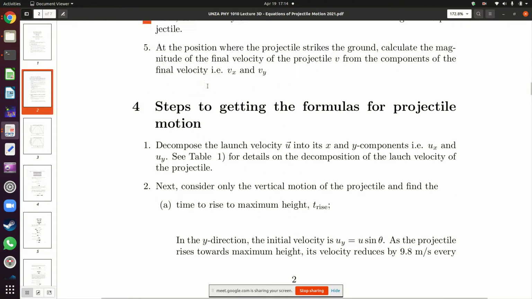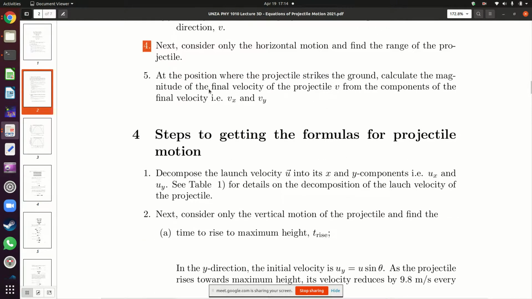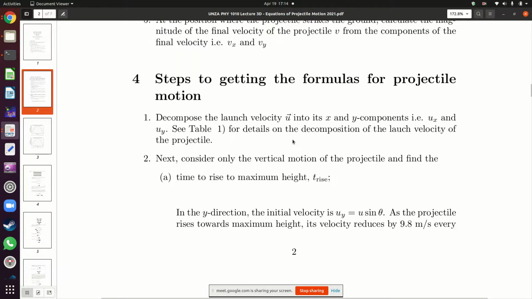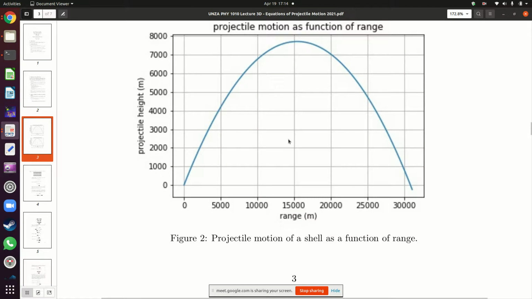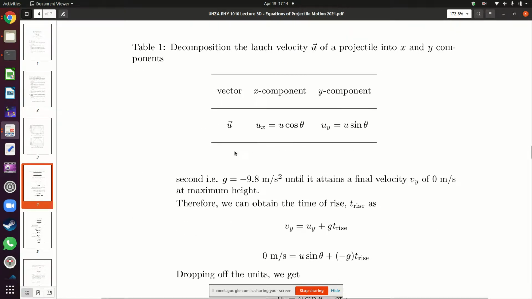So the first item from here is decomposition. We know and recognize that the launch velocity is a vector, therefore we are interested in finding out how much the velocity is along the x direction and how much it is along the y direction. So if your projectile is launched in the air with the velocity u at an angle theta, you can easily find out how much the velocity is along the x-axis as follows. ux is equal to u cos theta, and uy along the y direction is equal to u sin theta.